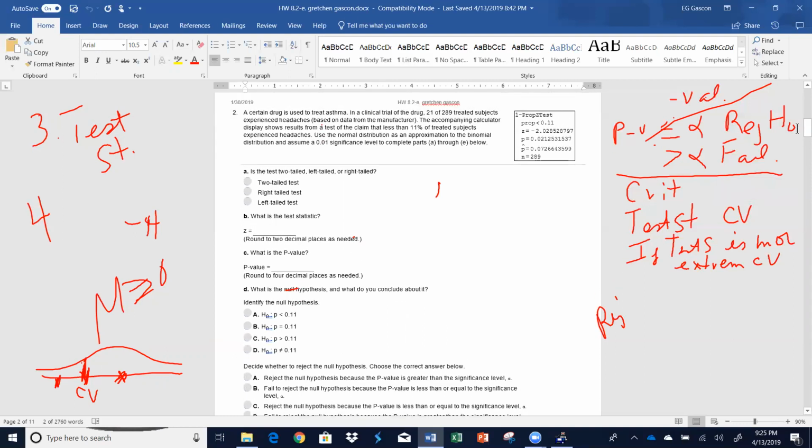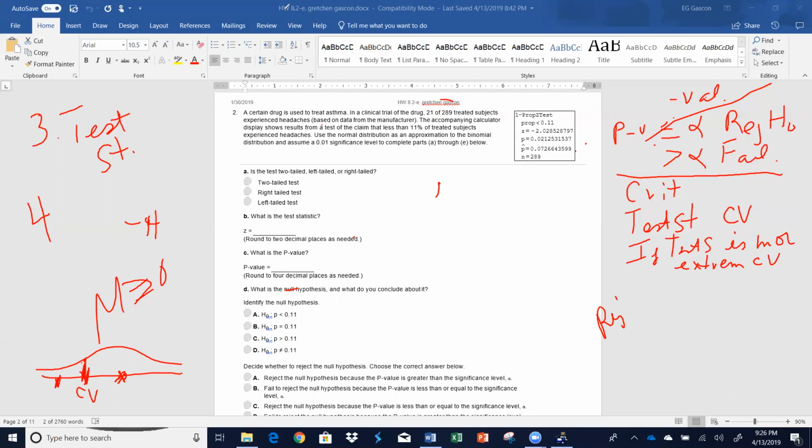Okay, so it says a certain drug is used as a treatment for asthma. 21 of 289. So 21 out of that, there's your p hat. If you divide 21 by 289, you get the p hat, this number here. Treated subjects experienced headaches. The accompanying calculator display shows the results. Claim is, oh no, this is less than. When I did it, it was equal to. I'm trying to find one that's equal.